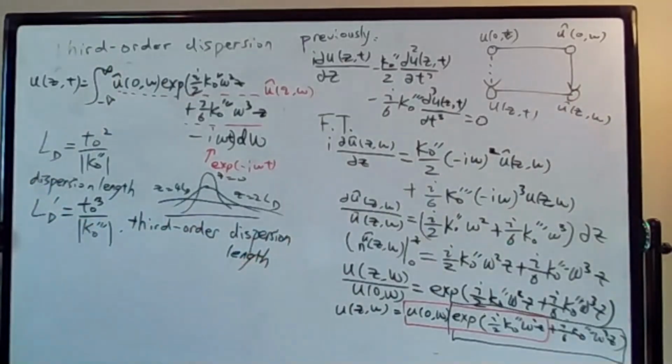So with that, we can compare the impact of this dispersion, at what circumstance third order dispersion will play a role, right? At what circumstance third order dispersion will play a role.